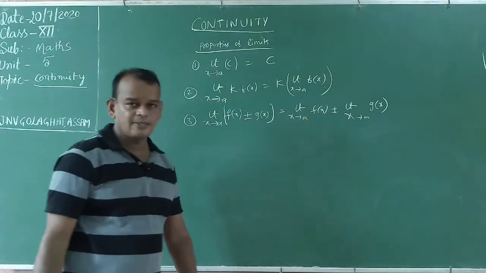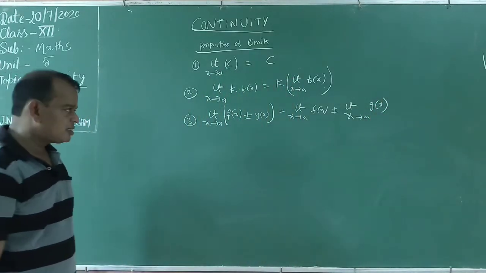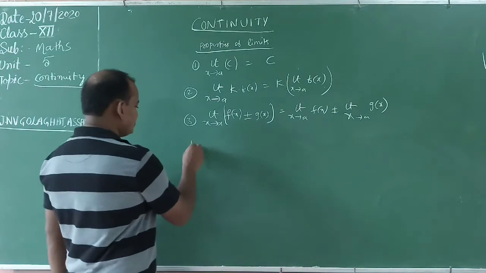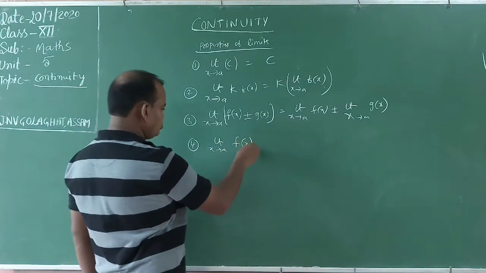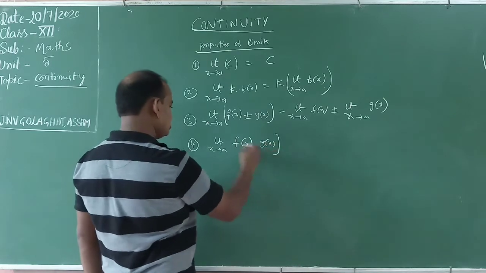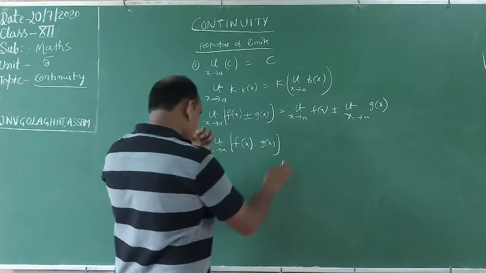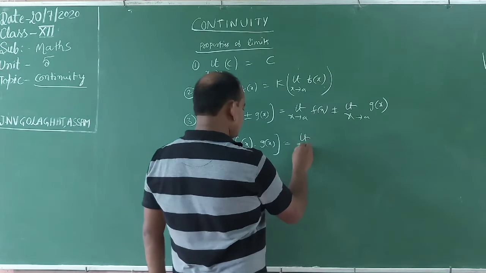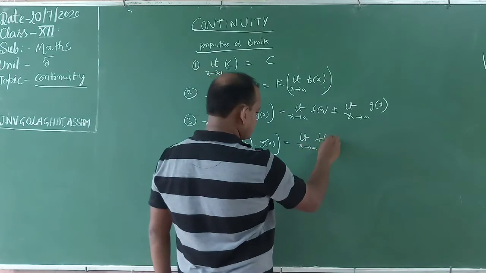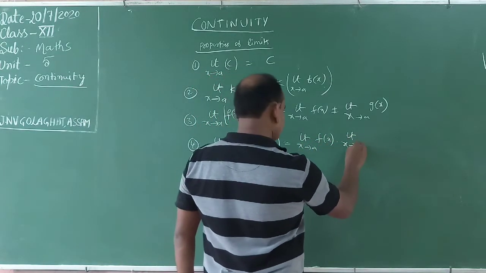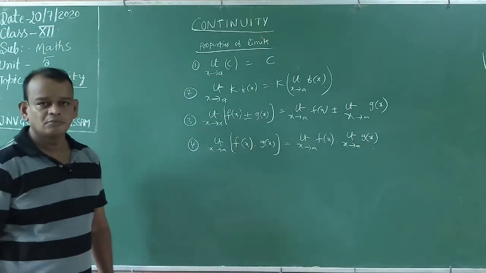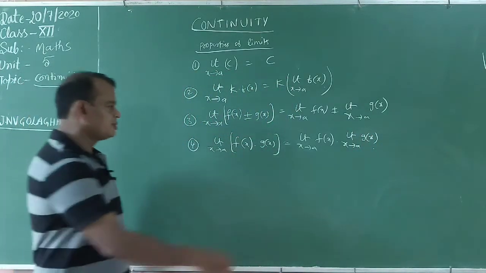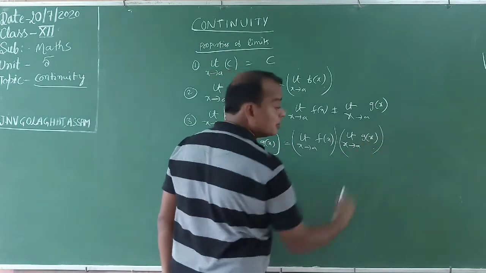You know very well. Okay, understand? Next, limit x tends to a, f of x into g of x. Product is there. Now we apply 100% the product: limit x tends to a, f of x into limit x tends to a, g of x. This is the product of the limits. This is separate, this is separate one.